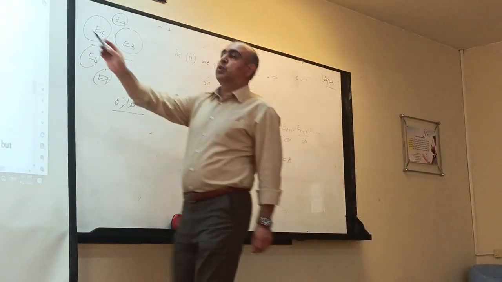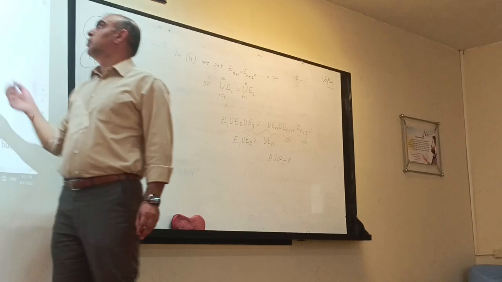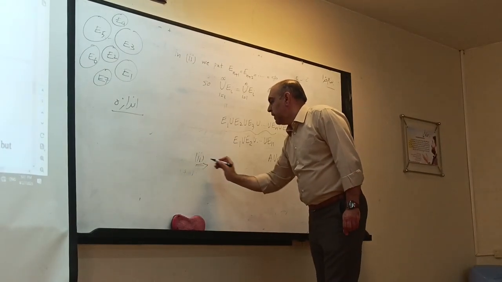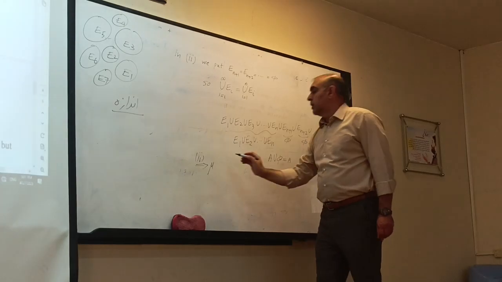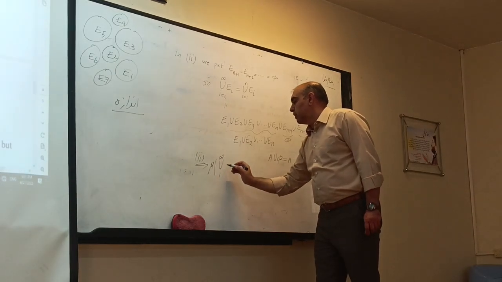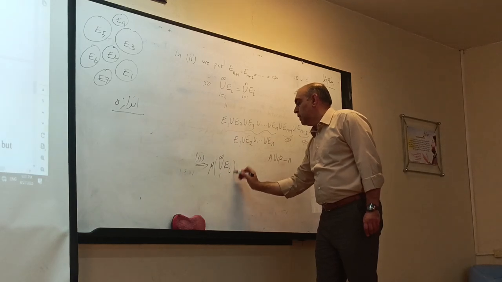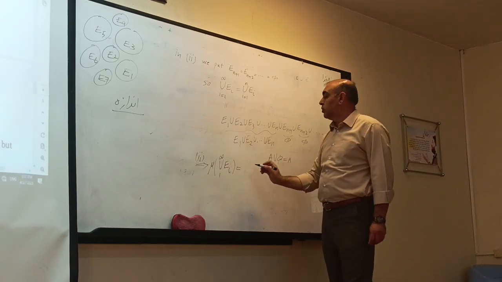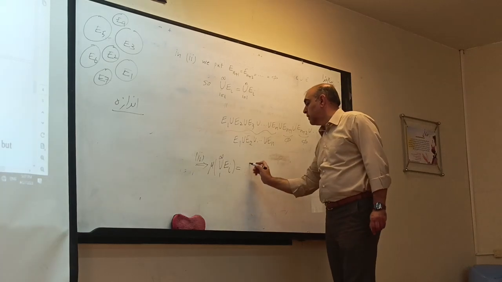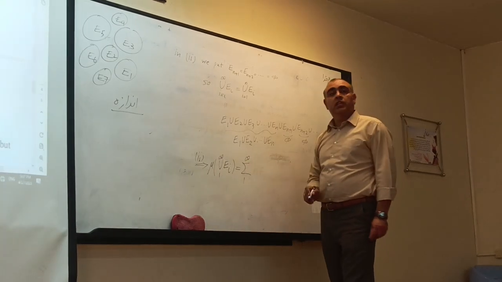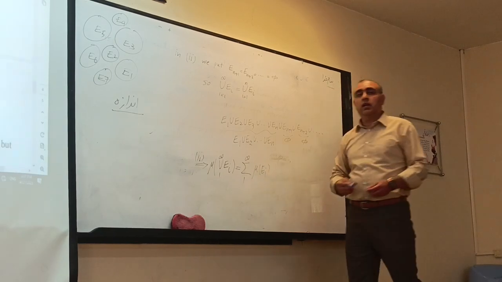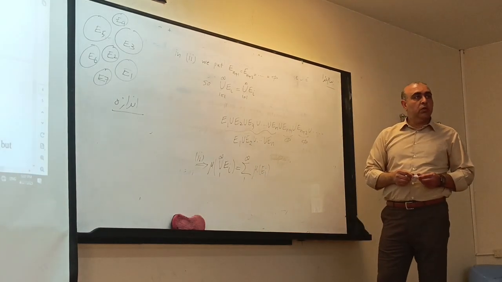From condition 2, we have mu of the union from 1 to infinity of Ei is equal to the summation from 1 to infinity of mu of Ei.